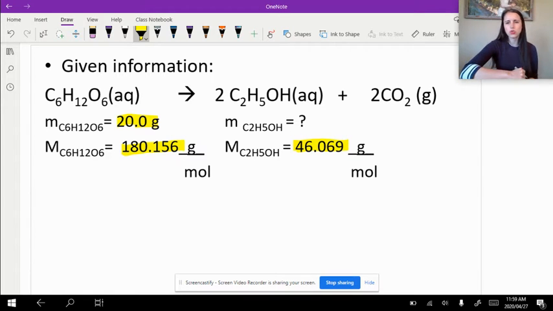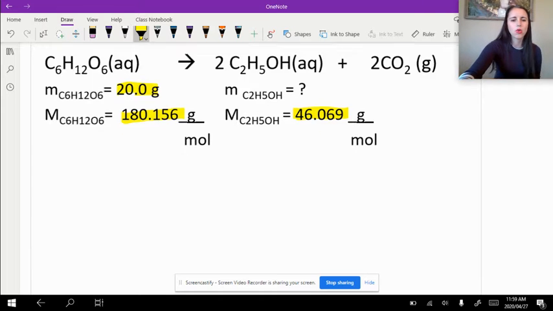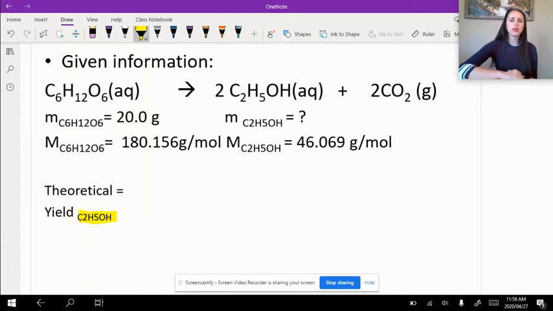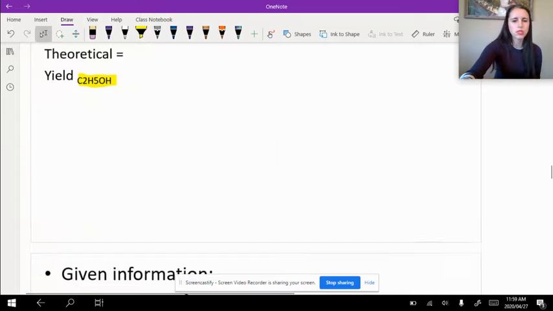So we're going to use these units to figure out what to write and what to cancel out. So for our theoretical yield, this is what we're looking for overall. And remember, we're looking for our theoretical yield of ethanol. So we want to focus on ethanol, and we need to use our information about glucose to get there.